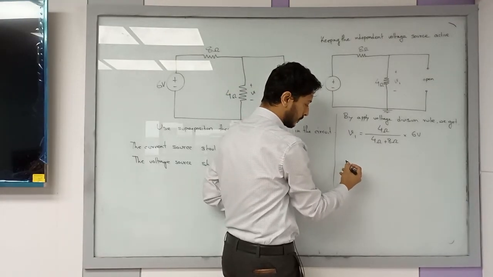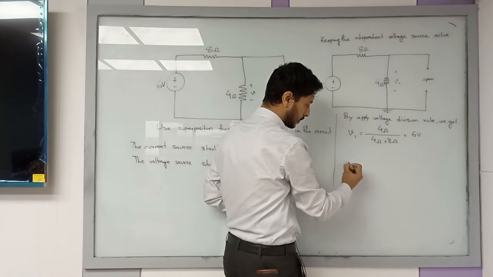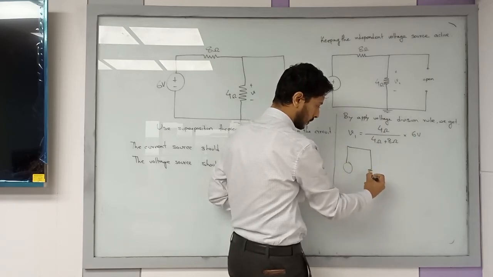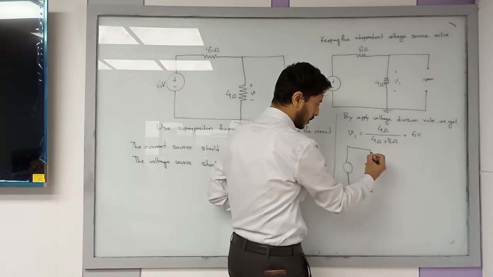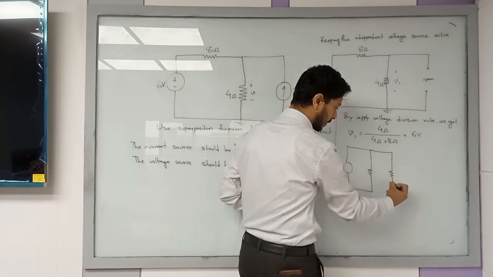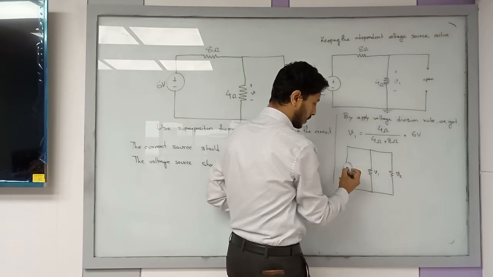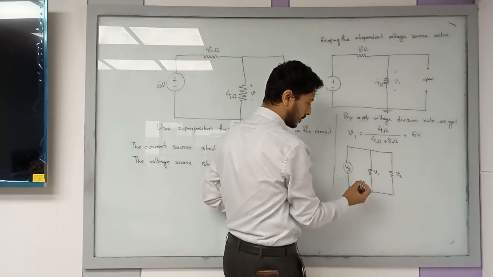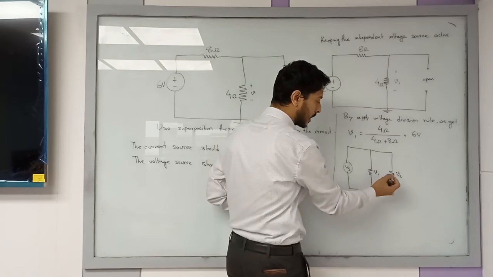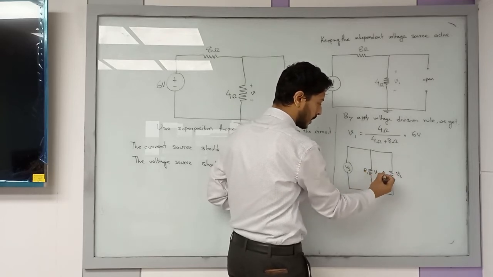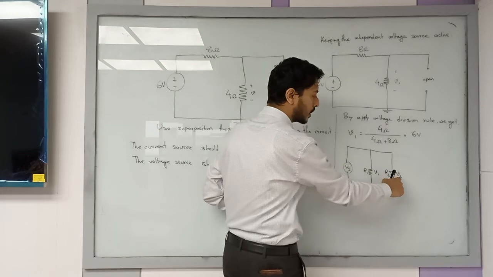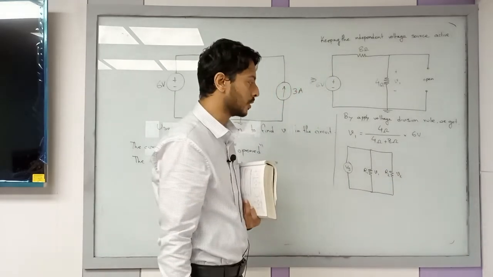So basically, if we have a circuit like this, this is V1, this is V2 and this is VS. Okay, so how will you find the voltage? This is R1, this is R2. How will you find the voltage V2 here?